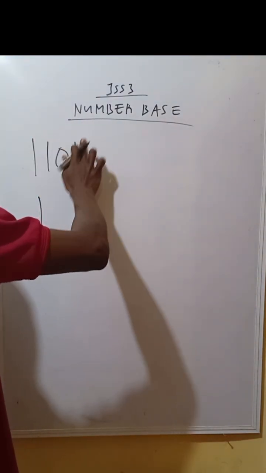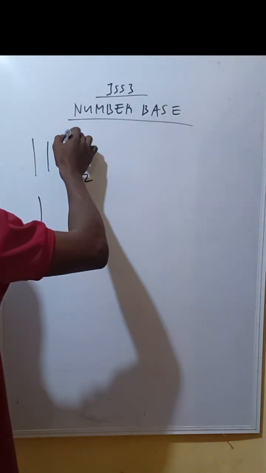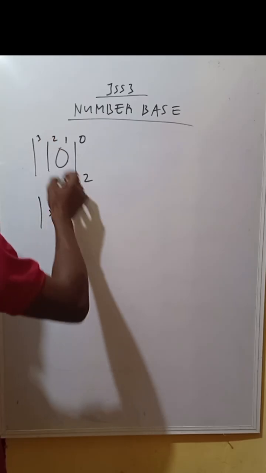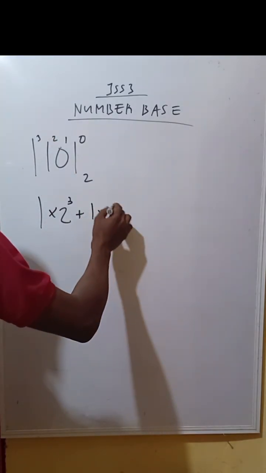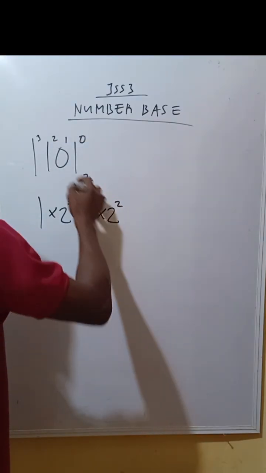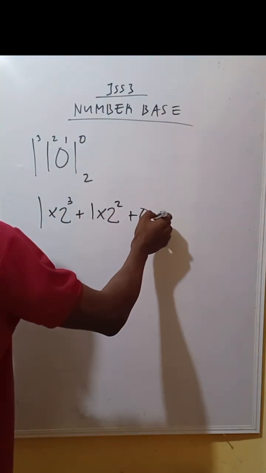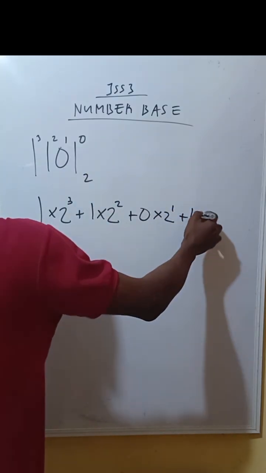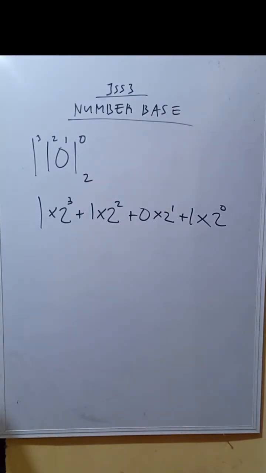We number the digits from 0. So you have 1 times 2 raised to power 3 here, plus 1 times this base 2 raised to power 2, plus 0 times this base 2 raised to power 1, plus 1 times this base 2 raised to power 0. So we've expanded this in this base.